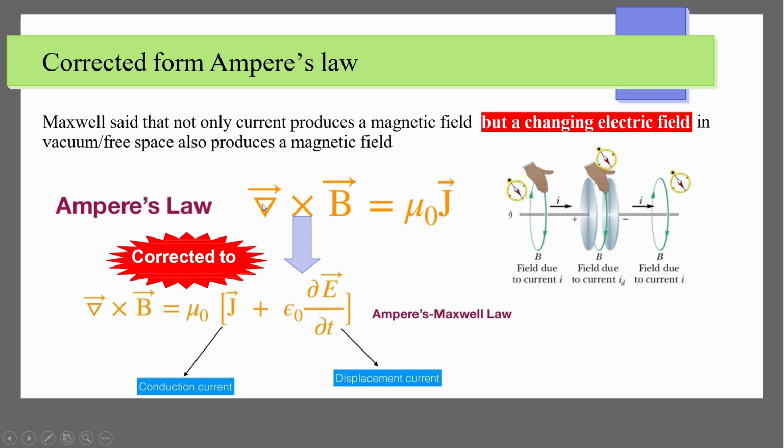So the initial term for Ampere's law, this one, had been modified by Maxwell to make this term, and now this law is called Ampere-Maxwell law, where we can see both the terms for conduction current and displacement current.